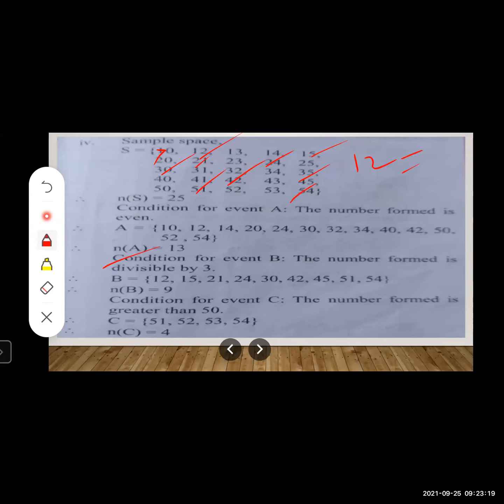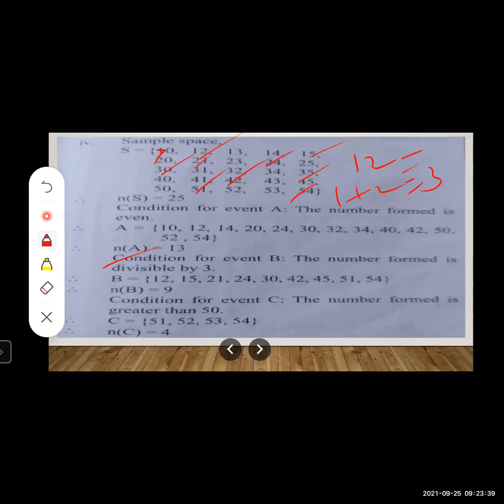Suppose I am taking the 2-digit number 12. I don't know whether it is divisible by 3 or not. So I will add the two digits together: 1 plus 2 is 3. Now just see whether 3 is divisible by 3 or not. If it is divisible, then yes, this number 12 is divisible by 3.